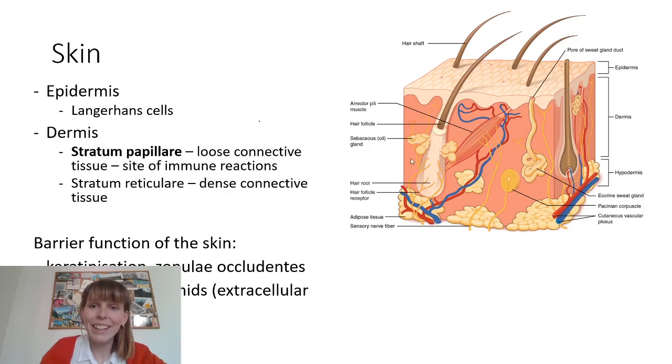So in skin, just to review this, we have the epidermis, which is the stratified, squamous, keratinizing epithelium, and the dermis, which is the connective tissue below. Directly below the epidermis, you have loose connective tissue, which is called stratum papillare.